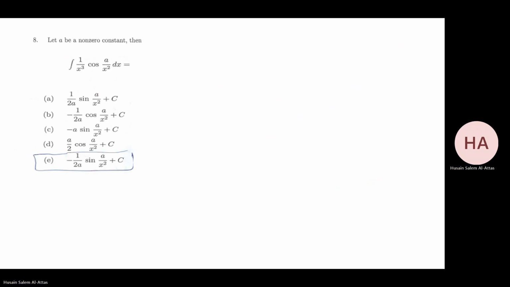Same idea. Let a be non-zero. I let u equal ax minus 2. What will be du? It will be minus 2a x minus 3 dx.